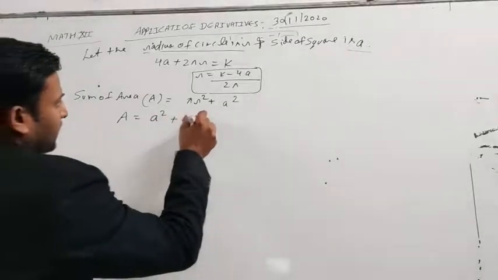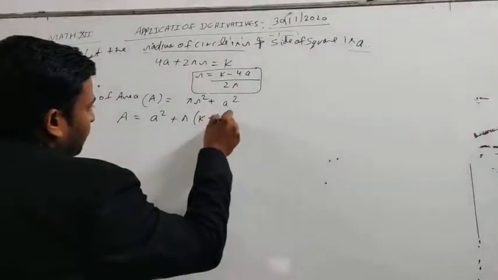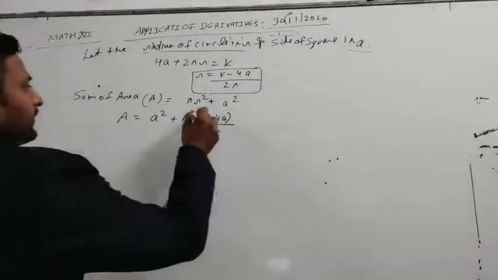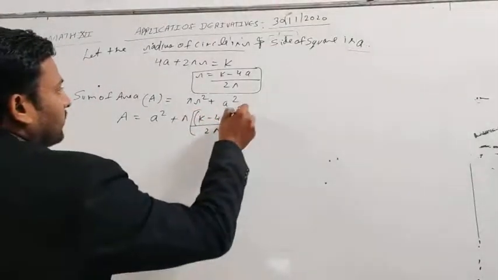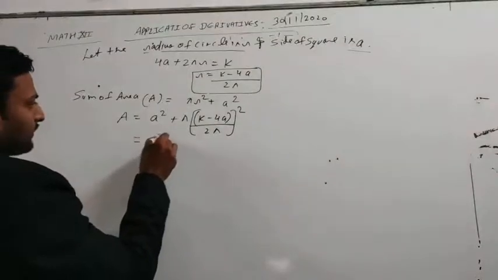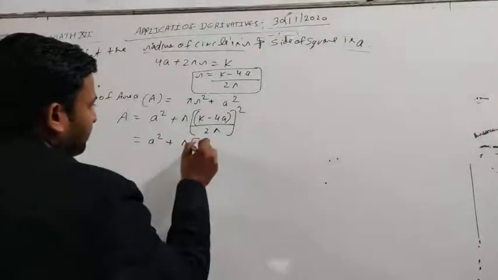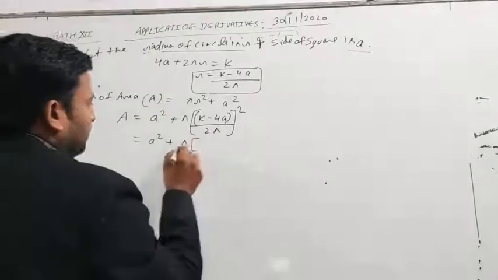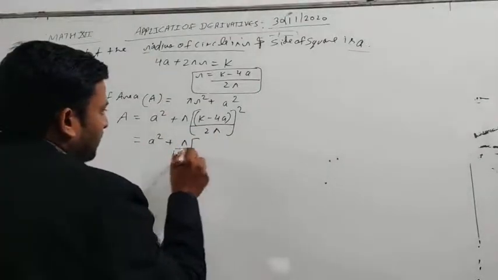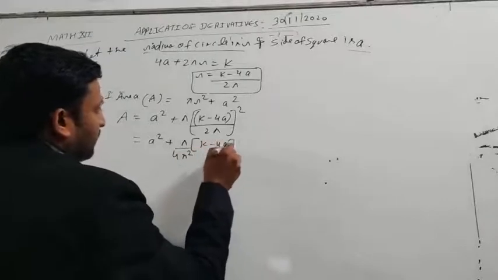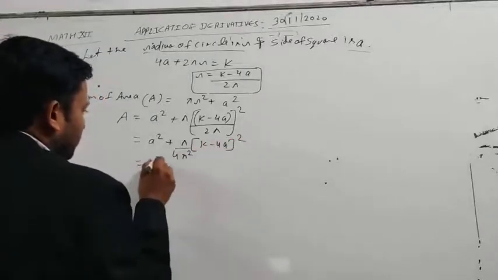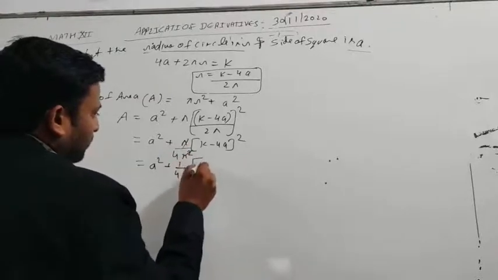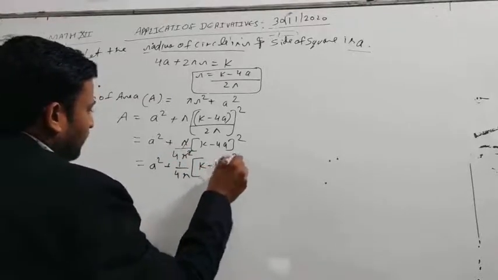So pi times (k minus 4a) by 2 pi, whole square, because r is squared. So we get a square plus pi by 4 pi square times (k minus 4a) whole square, which is a square plus 1 by 4 pi times (k minus 4a) whole square.